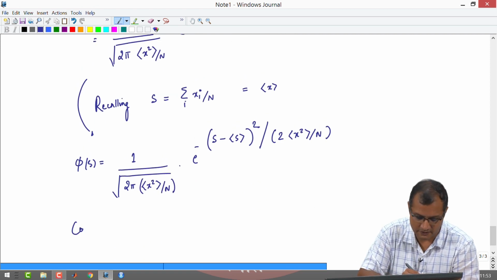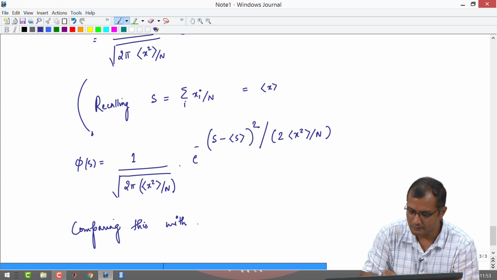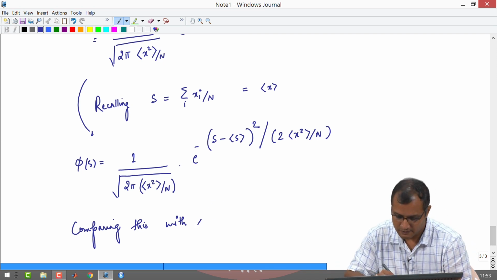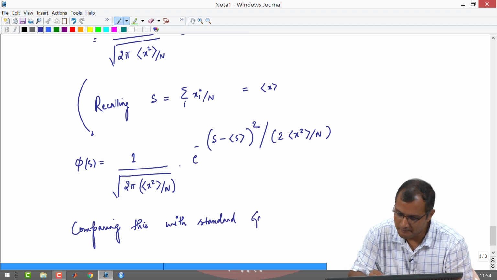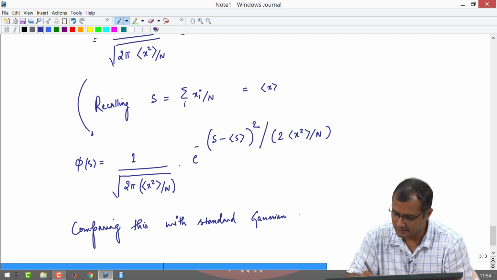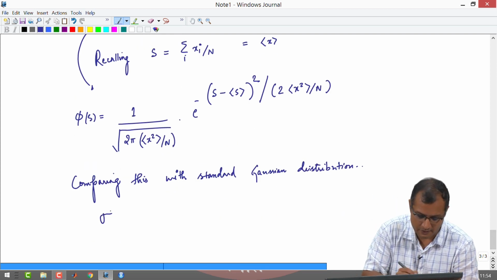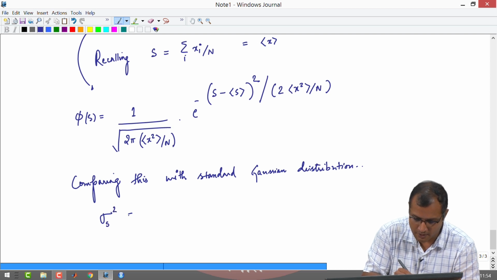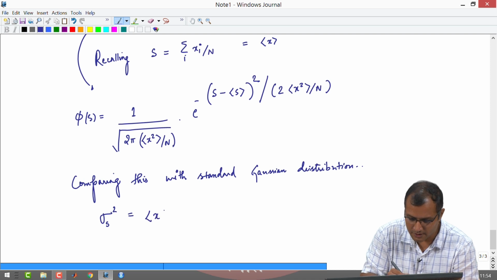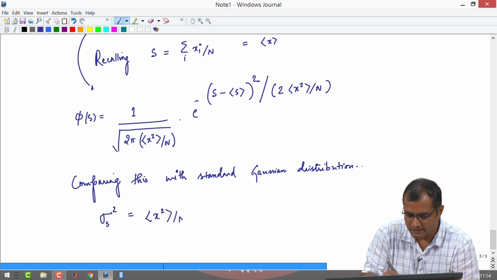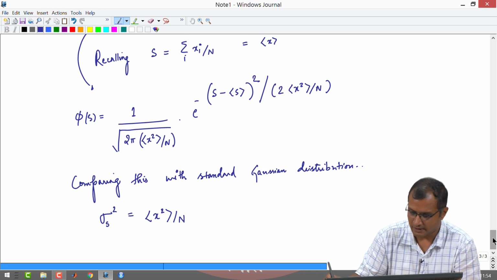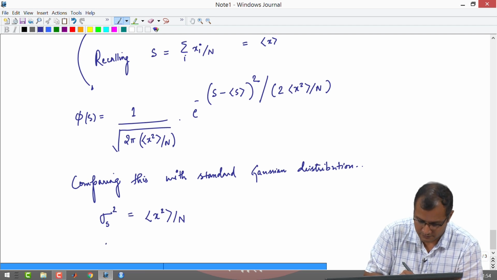Now if you compare this with the definition of a standard Gaussian distribution, or standard normal distribution, okay, you can see that the variance of the S distribution is nothing but the second moment of the random variables that were drawn from P of x divided by n, and the mean of this was just nothing but the mean of the variables themselves.